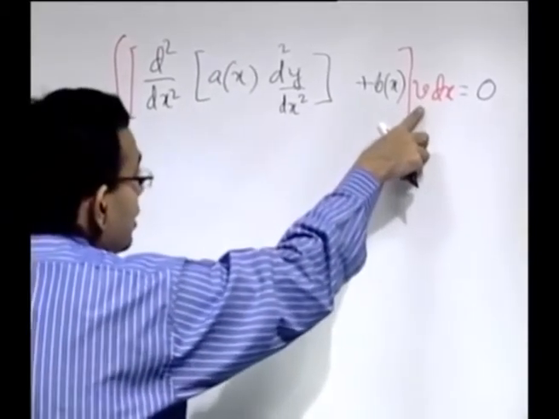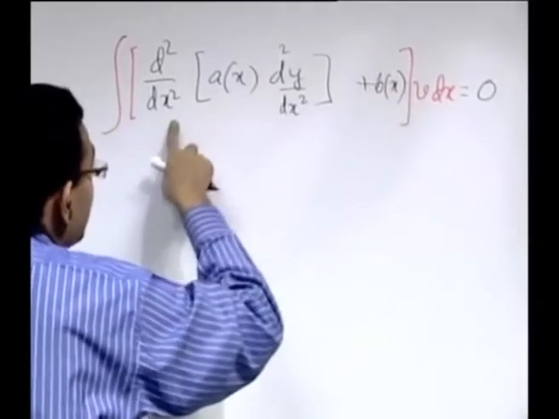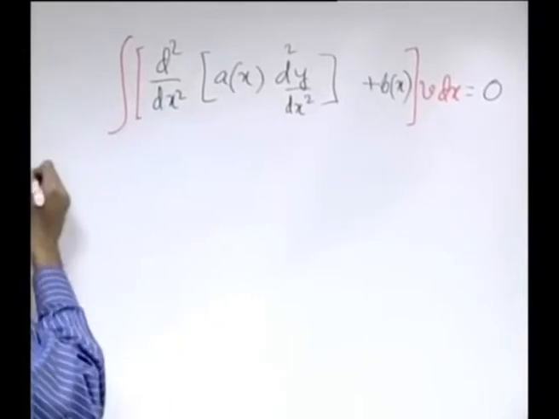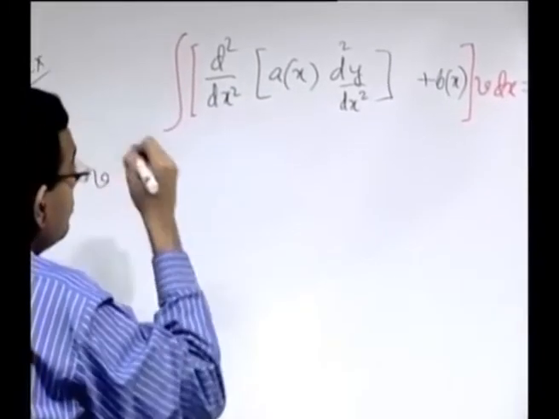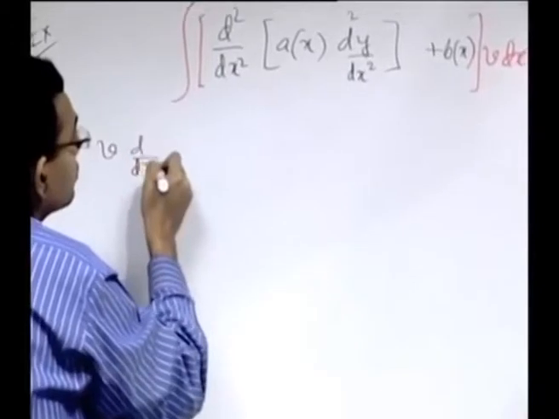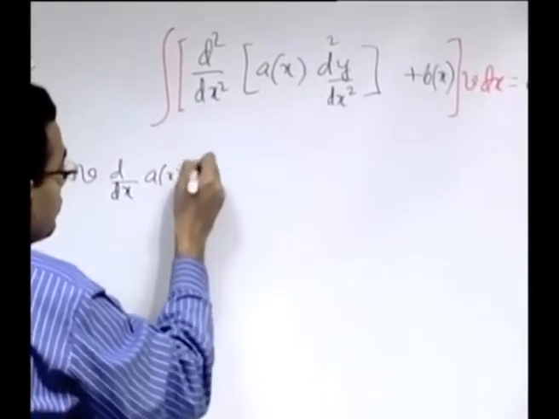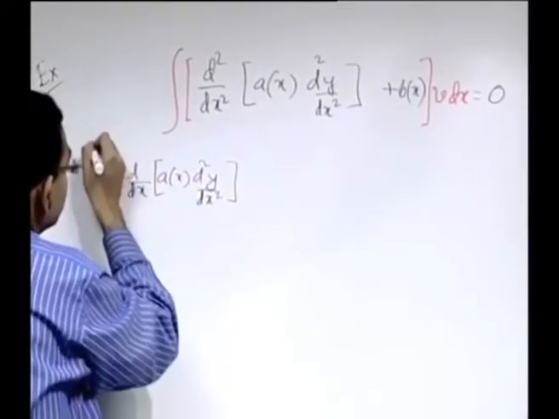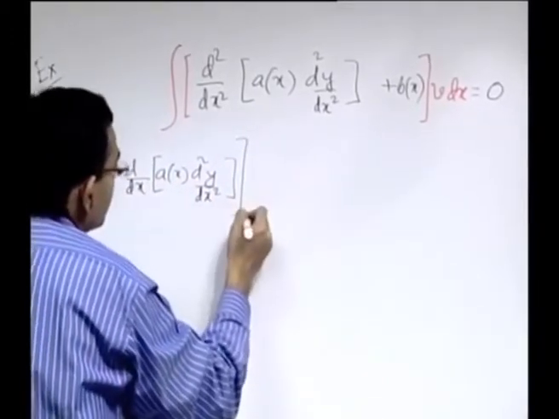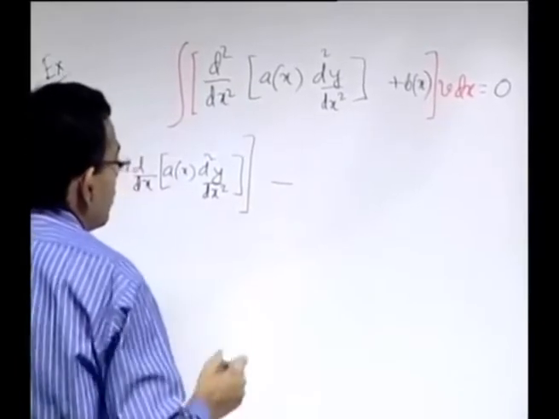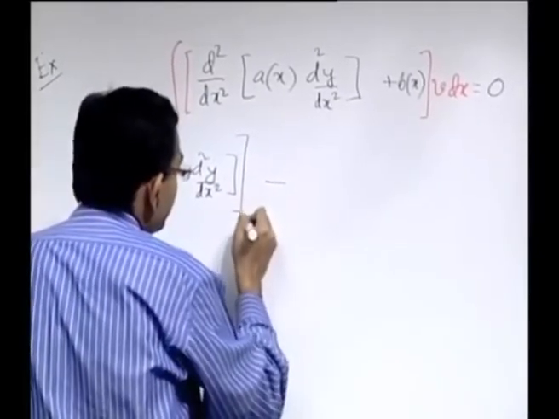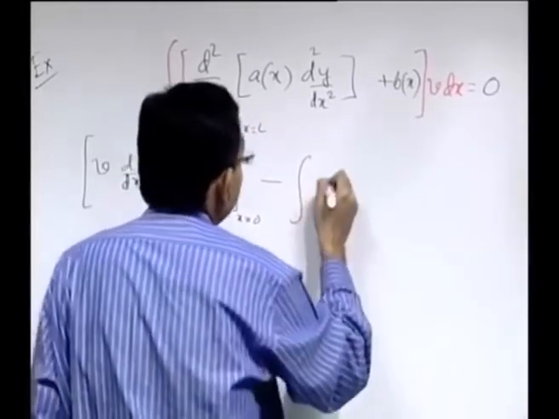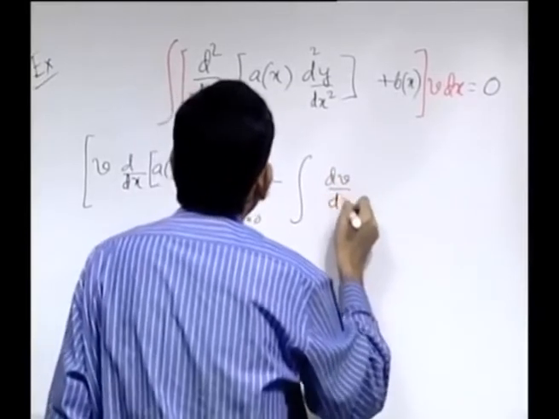V is the first function and the function appearing here is the second function. So, first function into integral of the second, with x equal to 0 and x equal to L as the bounds of x, minus integral of derivative of first into integral of the second.